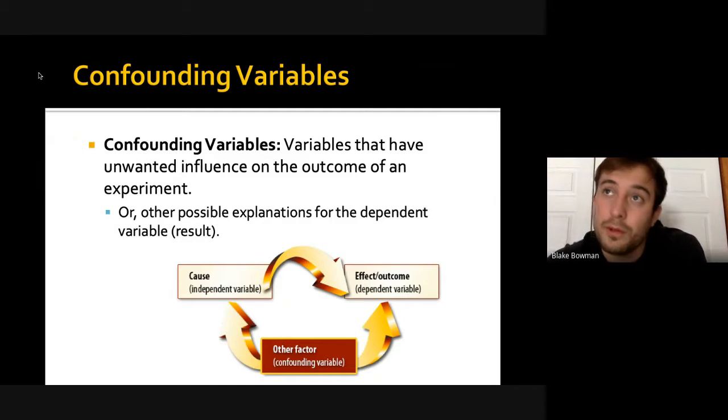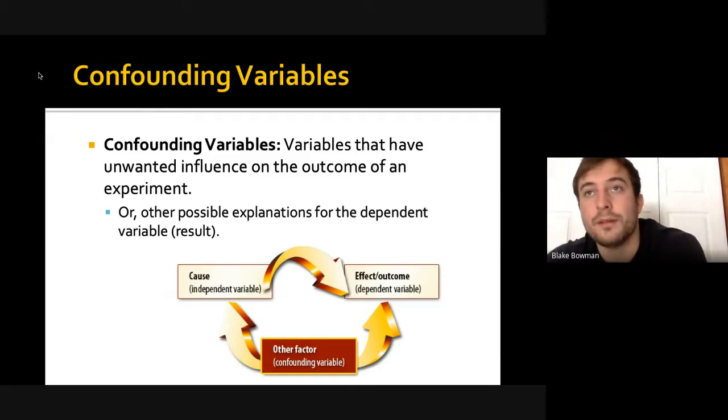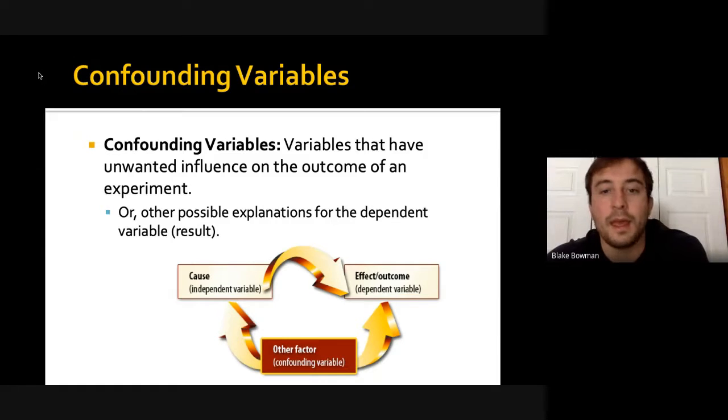That moth going towards the window, the light coming through the window, would be a confounding variable, because it's like, oh man, I didn't think of that. It's skewing my data. It's causing my dependent variable to be altered. It's an unwanted influence. Next time I run the experiment, I know to put blinds on the window and make sure the light's not coming through.